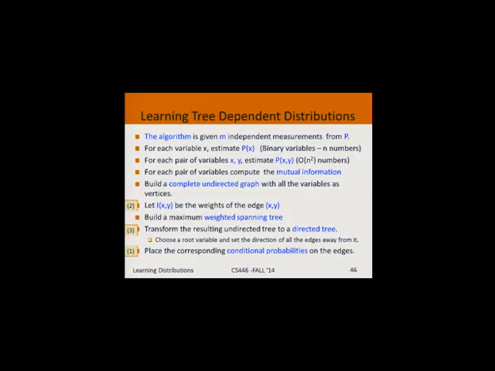Two, I need to justify why it was right to place I of x, y on the weights. You could have measured other things to measure the dependence of x and y, and I chose mutual information. I need to justify that.